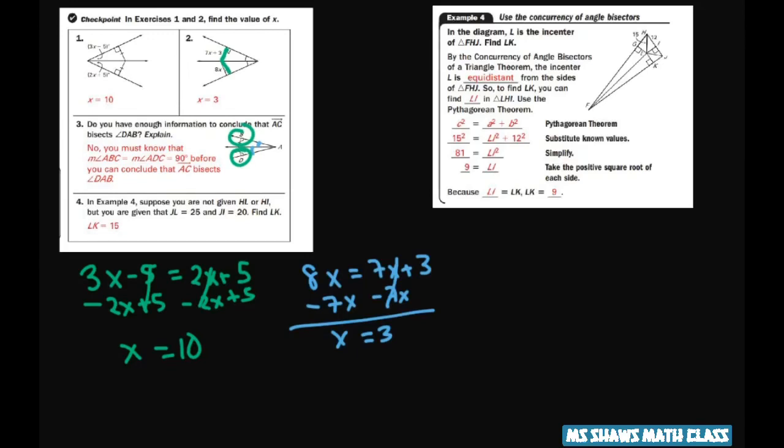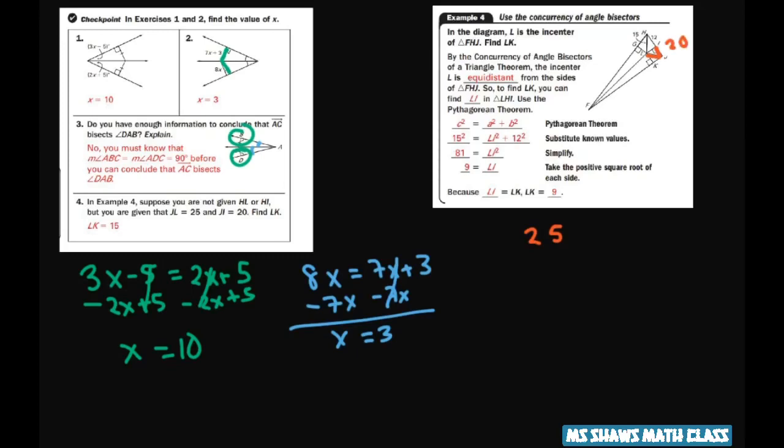Now it says in example 4, we're not given HL or HI, but you're given that JL, so here's JL, is 25, and that JI is 20.